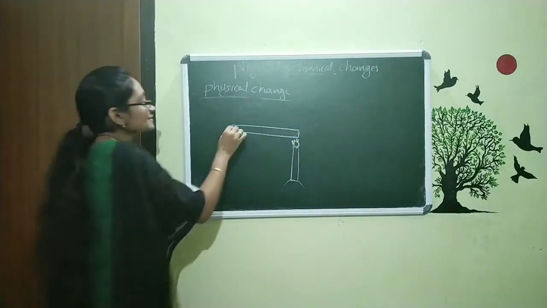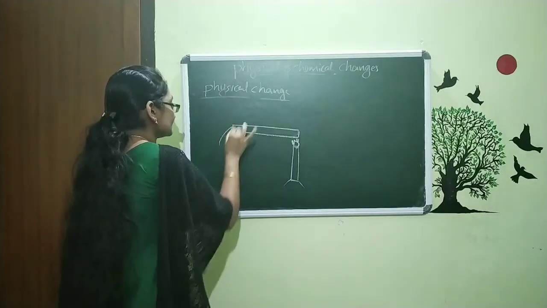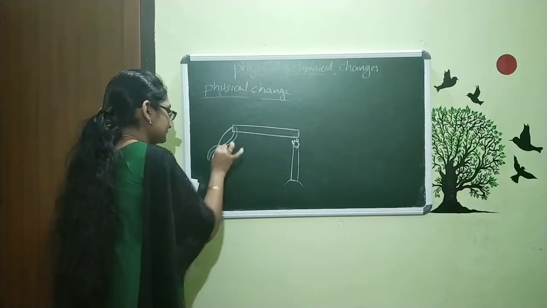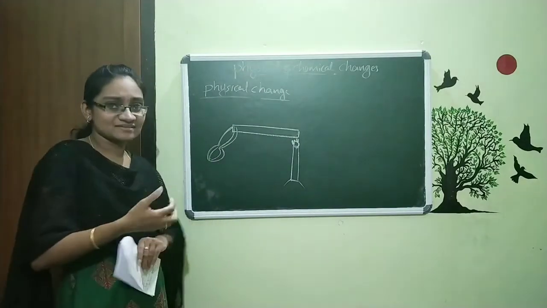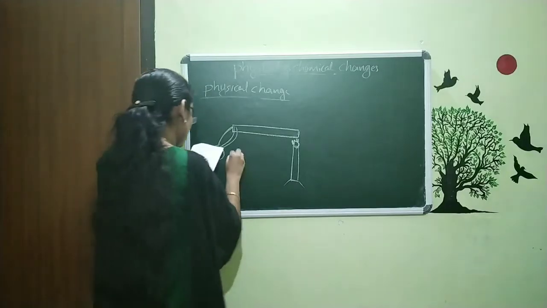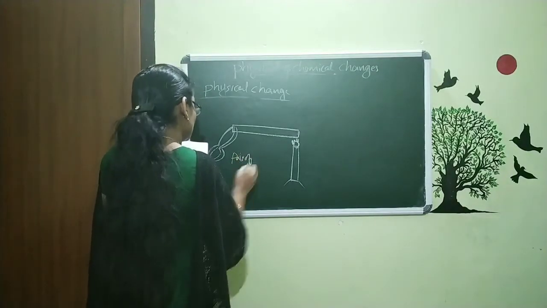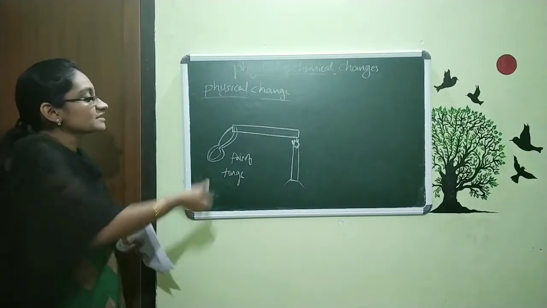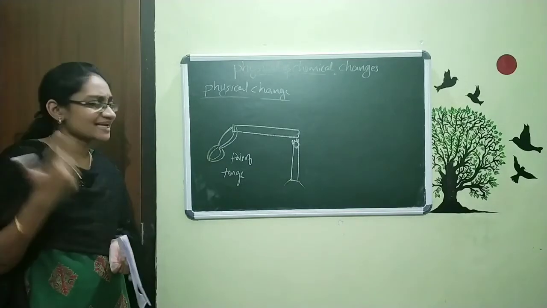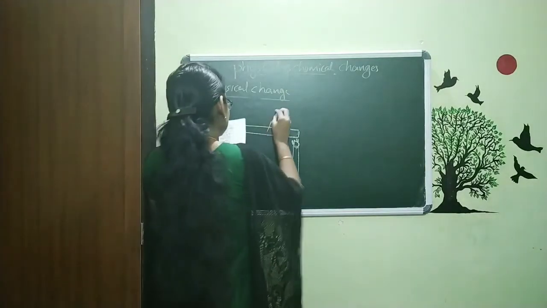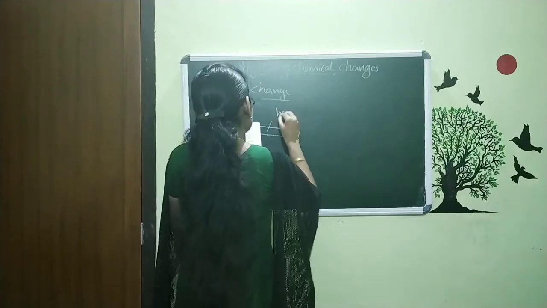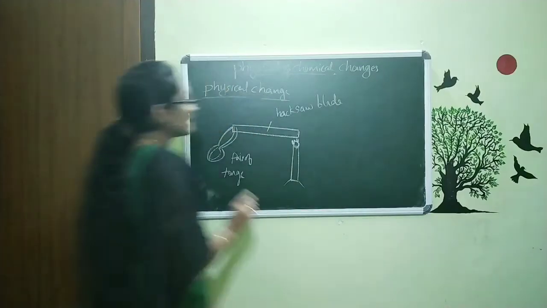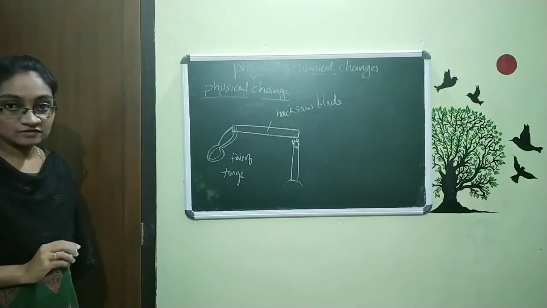So we are just holding this with a pair of tongs. A pair of tongs means just something that we use to hold this, something like scissors. That is the thing you can see in your textbook. It is something we use to hold this, like the plucker and all. So this is our hacksaw blade, and we are just holding this near the fire.